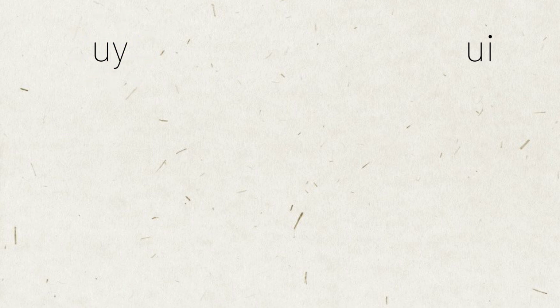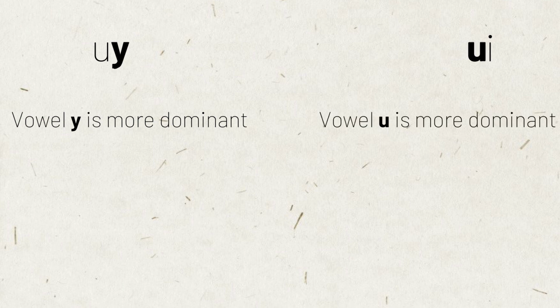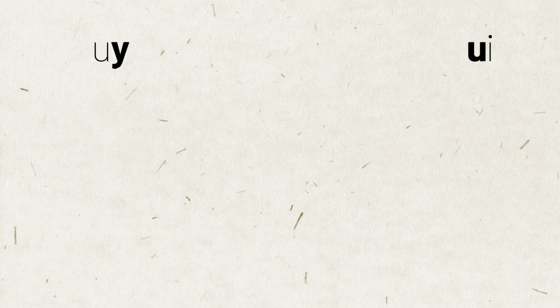With uây, you should focus more on the vowel e and make the vowel e sound more dominant, so you hear more of e sound than o sound. On the other hand, for ôi, you should focus more on the vowel o and make it more dominant. Now let's compare these two diphthongs together.